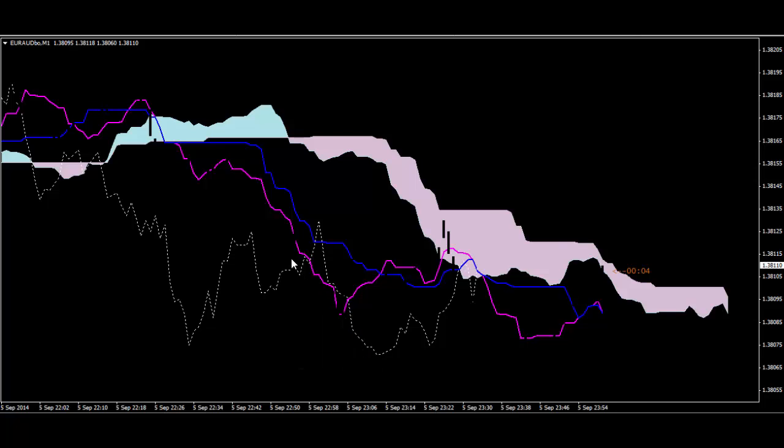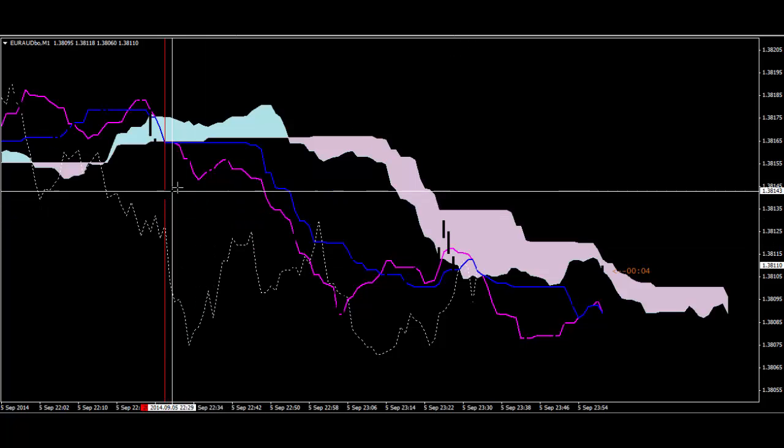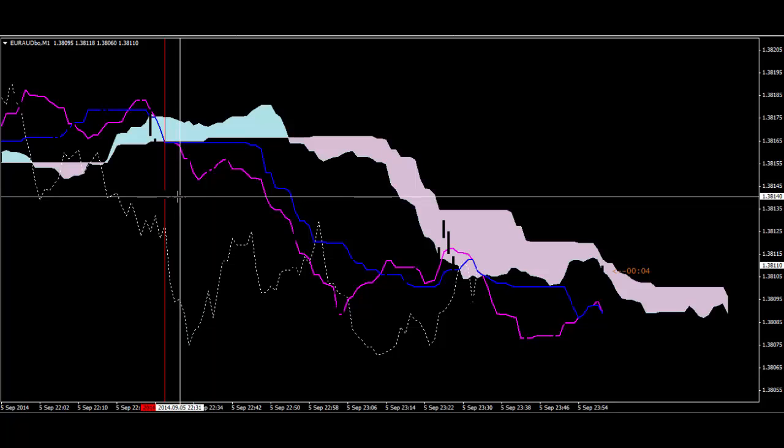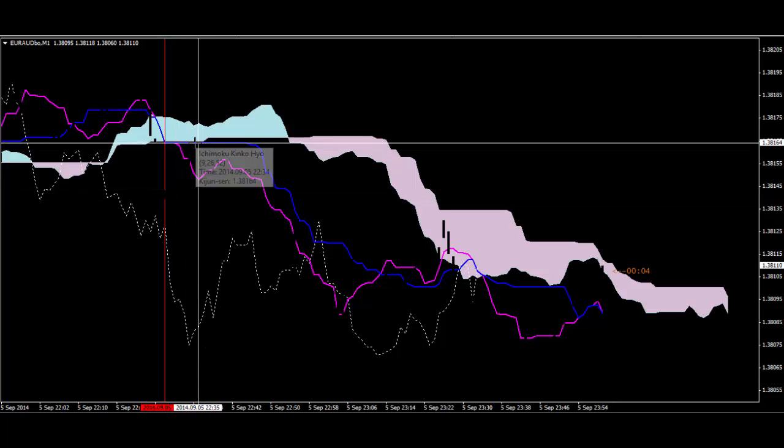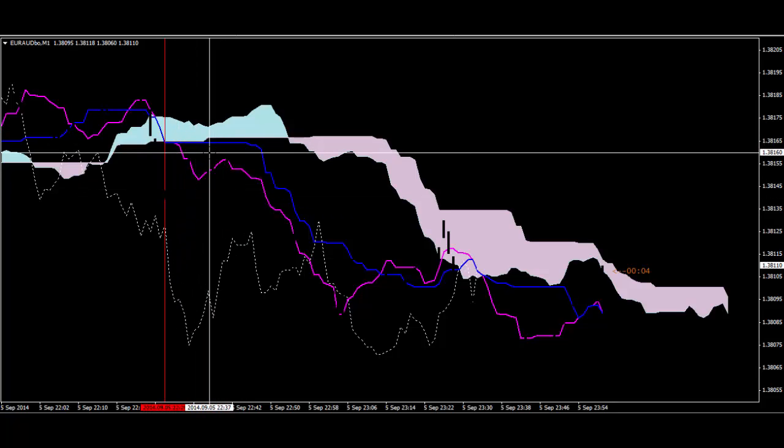Let's say I logged in somewhere here and I saw this line is going down, right? And this is flat. So for a fact, price can come here and be somewhere here. And if this line was here and the price was far from this line, and Kijun is flat, price will go up.